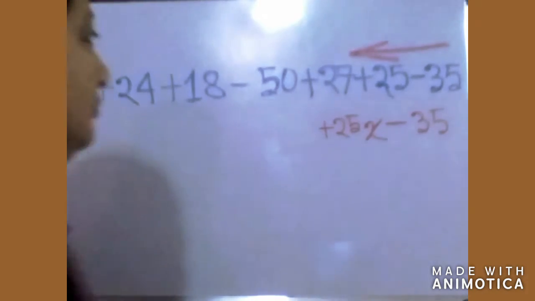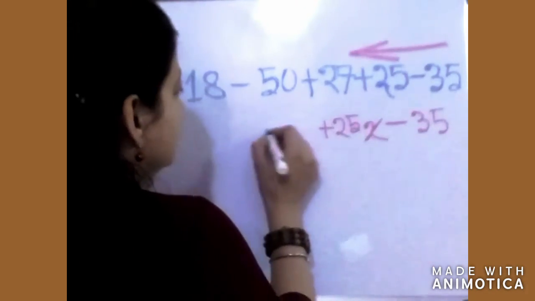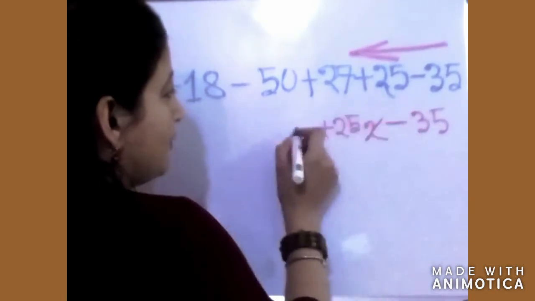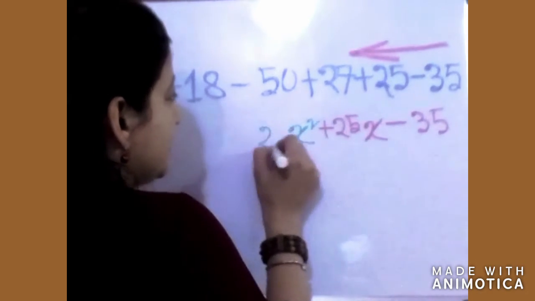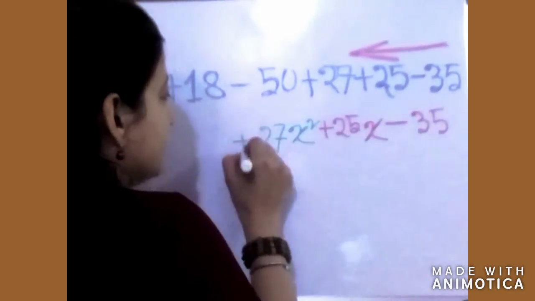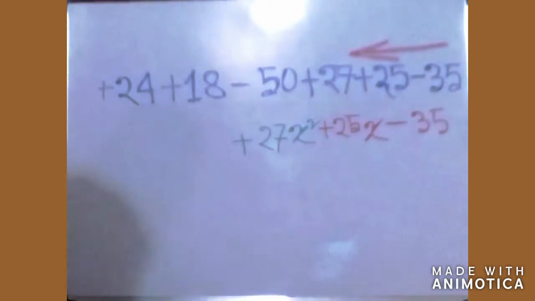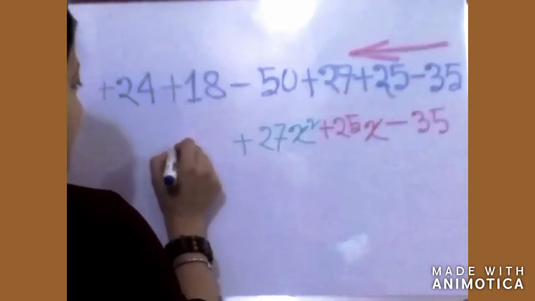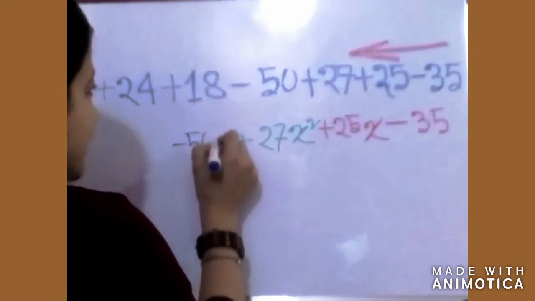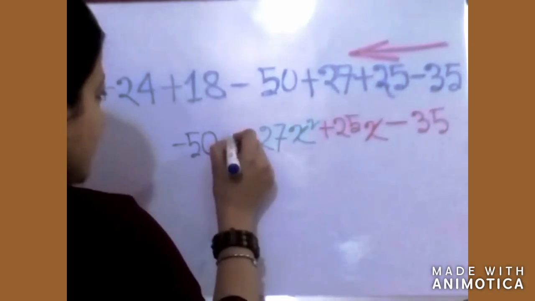Next, 27. Here it was x to the power 1, that means here it will be x square. 27 x square, plus 27. Now again we will increase the power by 1. So it is 50, minus 50. So here it will be minus 50 x cube.